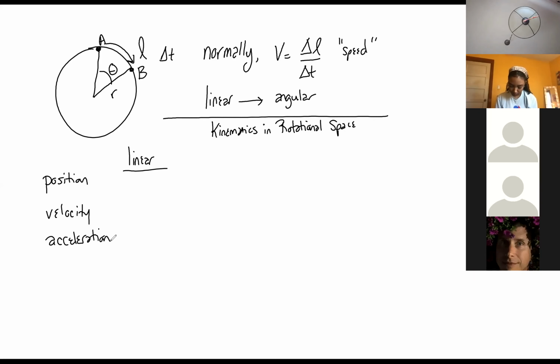As I'm going along here, you can fill in what you know in the table that I'm building. I'm going to write out the variables and then also the units next to that in a different color. So what variable did we use for position in linear space? Somebody just hit your space bar and say it. X. Great.